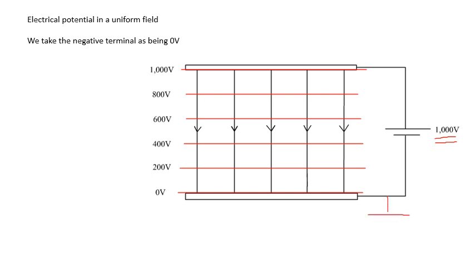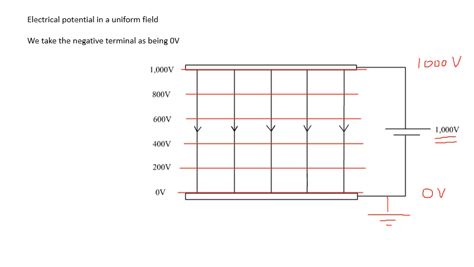Usually, not always, we say that the negative terminal is earthed. And that means that a coulomb there has no potential energy. So we take our negative terminal as being 0 volts. The potential difference between that and the positive plate is 1000 volts, because we've got a 1000 volt power supply.